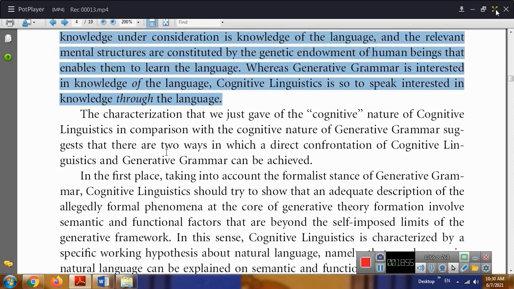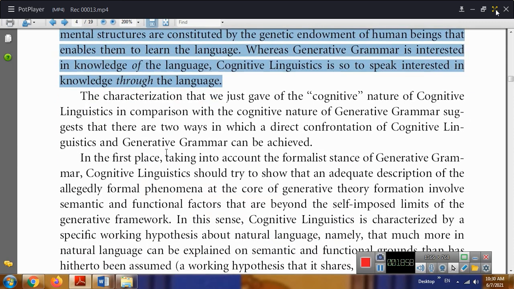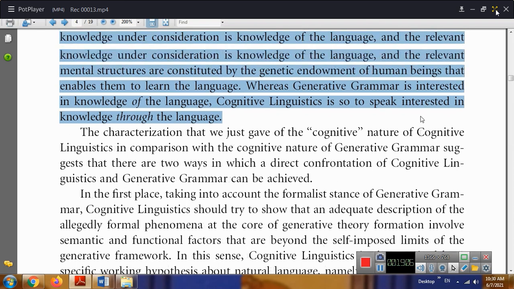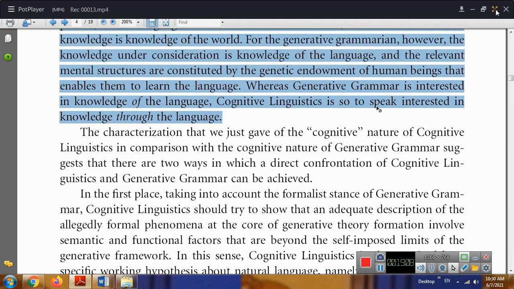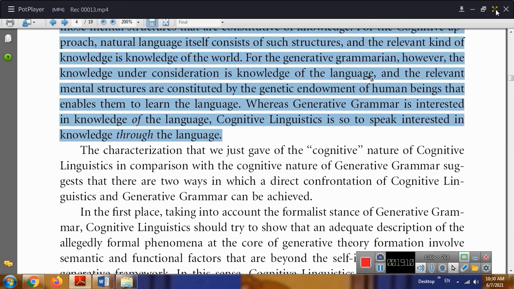You should know these differences. For a final exam, maybe I give one of these principles. For example, maybe I give this part: that the knowledge under consideration is knowledge of the language, and the relevant mental structures are constituted by the genetic endowment of human beings that enables them to learn the language.